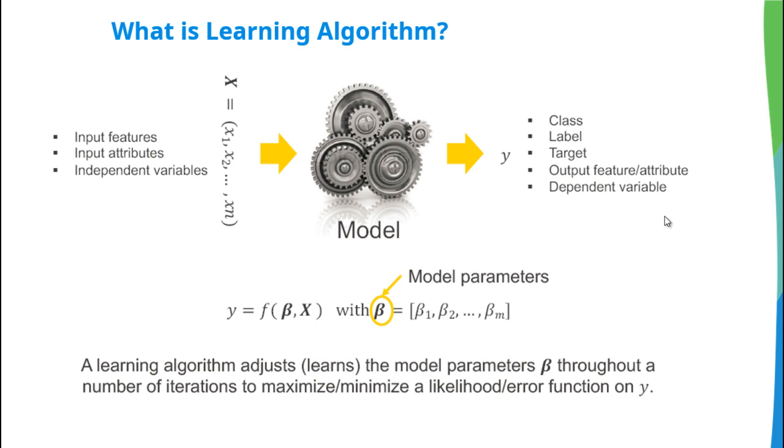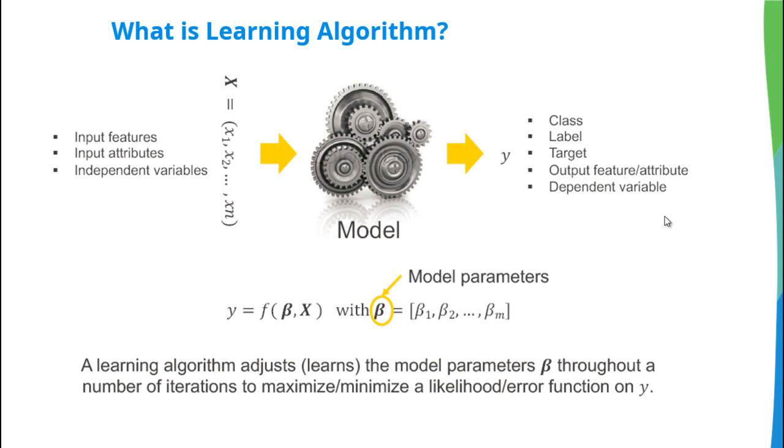This output is otherwise called class or label or target or output feature or attribute or dependent variable. So we have features, attributes, variables that are independent, that are supplied to the machine or to the model, and a result is acquired, which we call output.